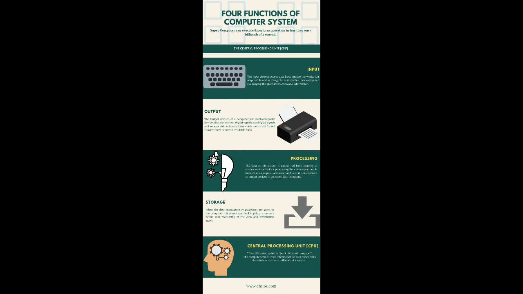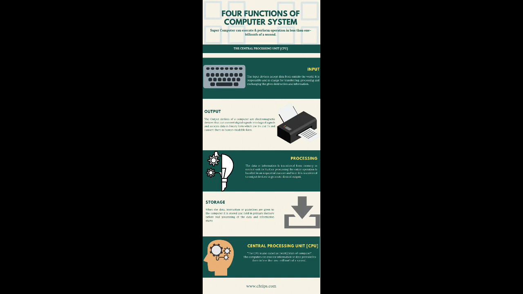Basically, hardware has two categories. Number 1, input devices. Number 2, output devices. The CPU is the processing device. This is the main brain of the computer system.